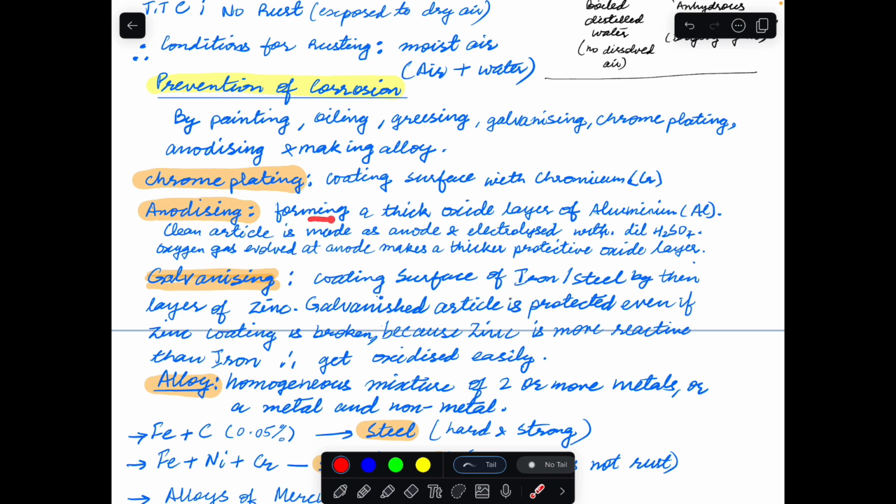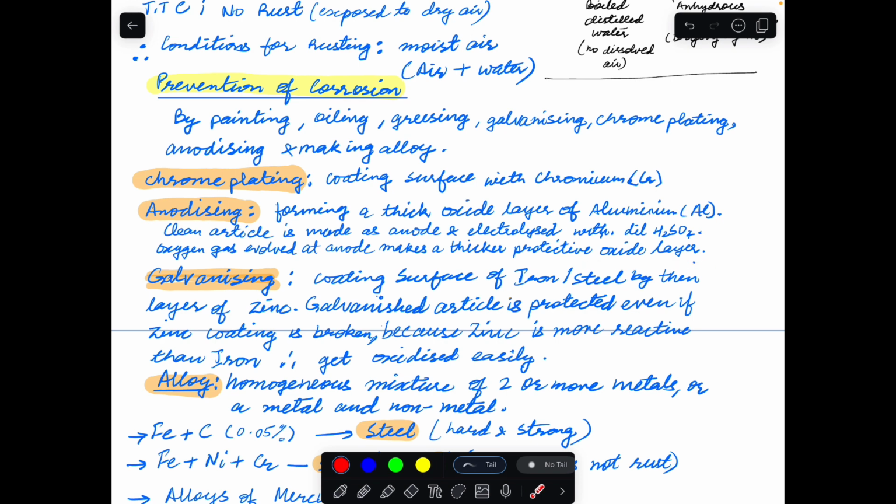To form a thick oxide layer of aluminium, we take a clean article which is made the anode, and it is electrolyzed with dilute sulfuric acid solution. When we electrolyze dilute sulfuric acid solution, oxygen gas will be evolved at the anode. This oxygen will react with the article present at the anode, and we will get an oxide layer at the surface of the article.